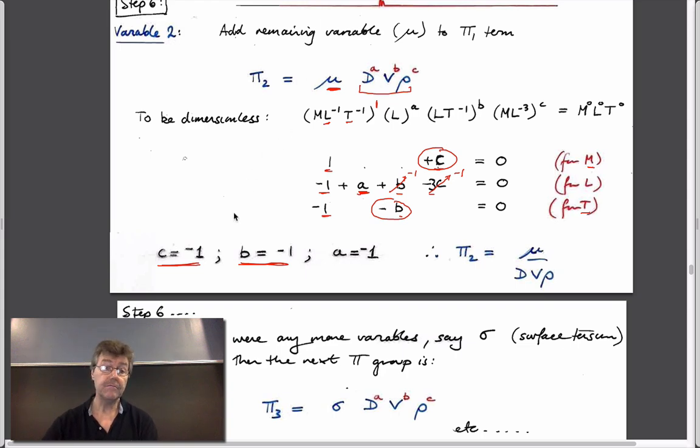And so with that, we can just substitute in here. So D is to the power -1, B is to the power -1, and C is to the power -1. That's interesting. And so in other words, if we write this term out, this is to the power 1. So you can guess what this is going to be.